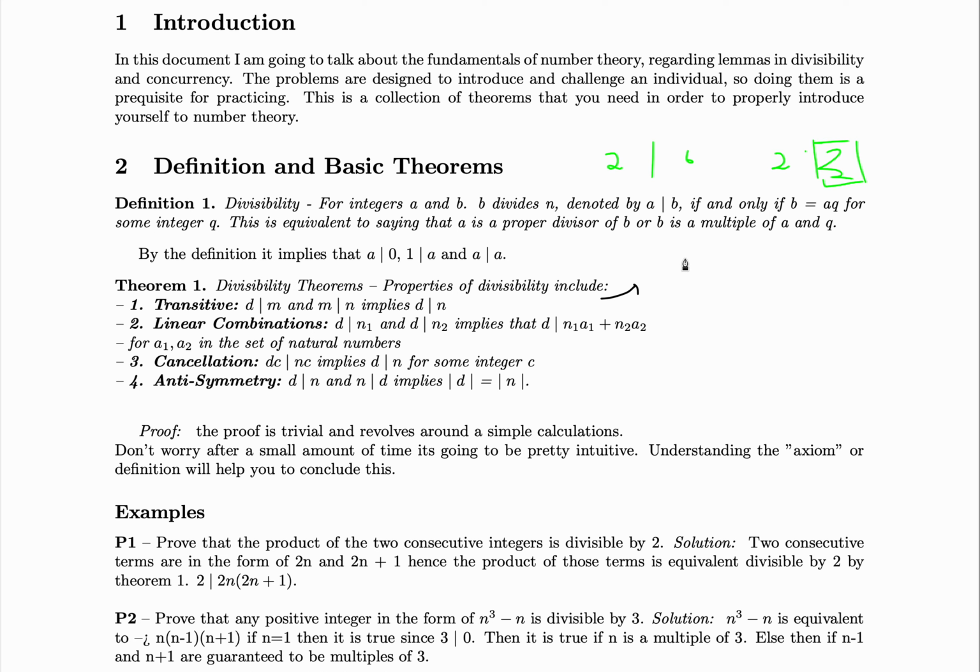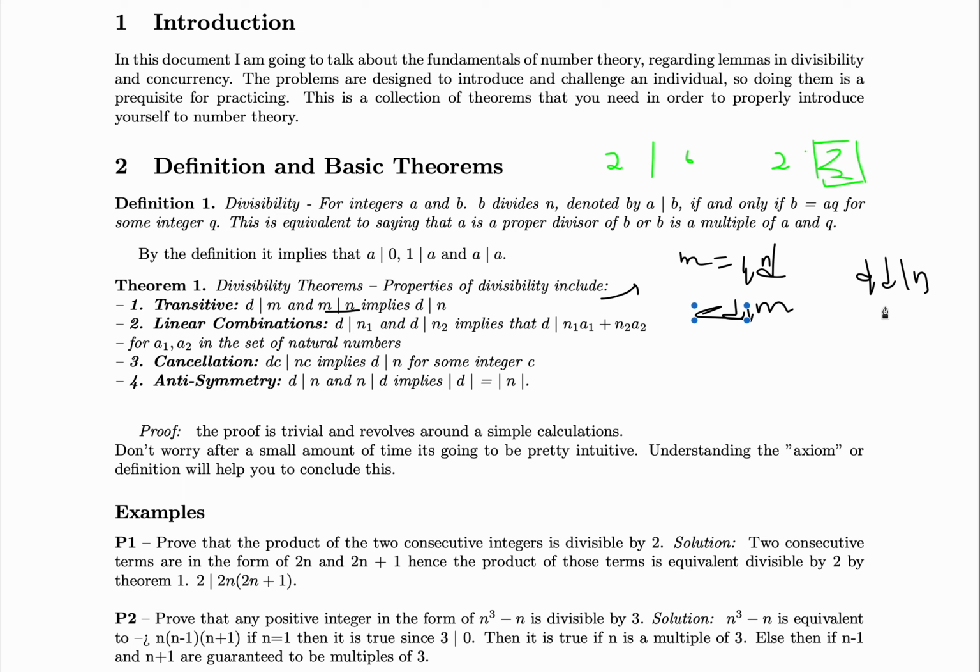We just know that n is in the form of some, let's say, qm, and m is a proper multiple of d, so d should divide n too. Just a commutation of some sort, I would say.